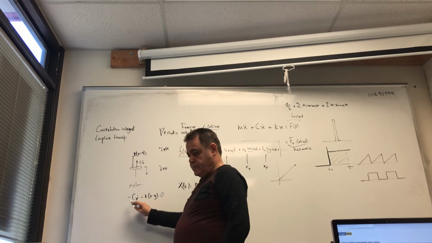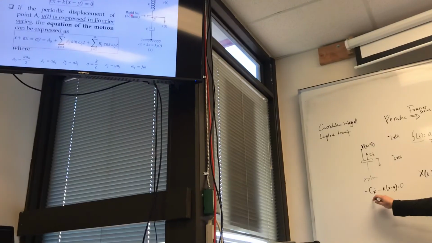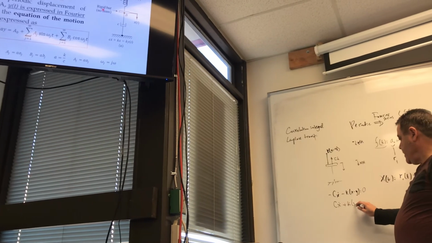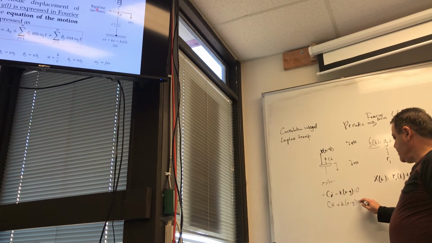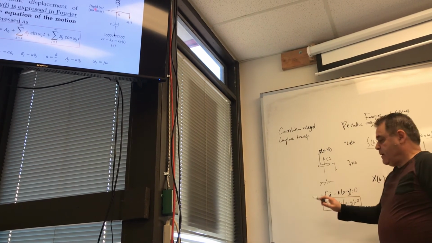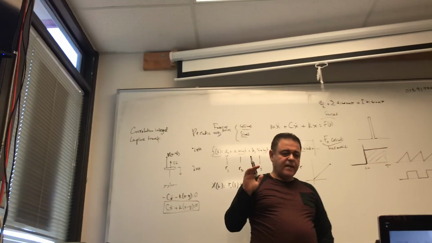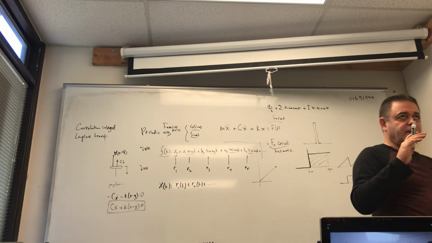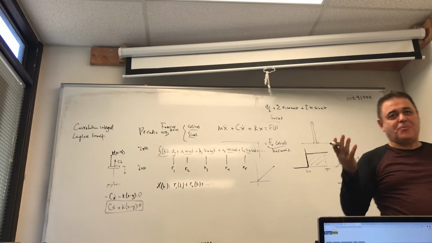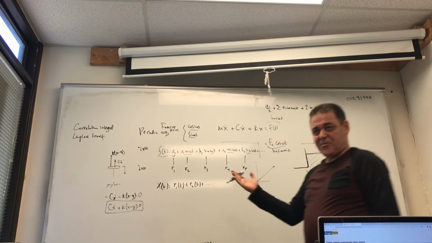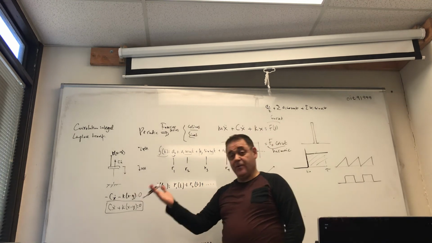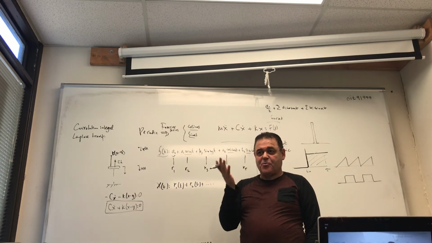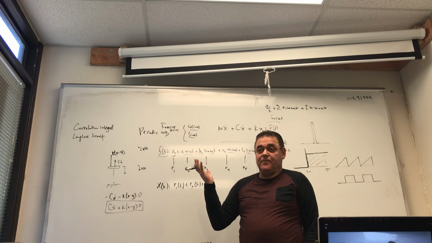I just multiply by a minus sign for everything, then it becomes Cx dot plus k times x minus y is equal to 0. Remember, a big part of any vibration problem is really establishing the equation that describes this. This step is really the critical step, because you could be looking at that thing all day. If you don't have an equation that describes it, you got nowhere to go.